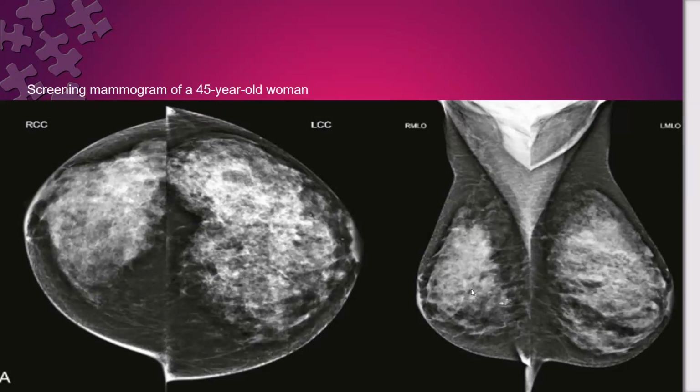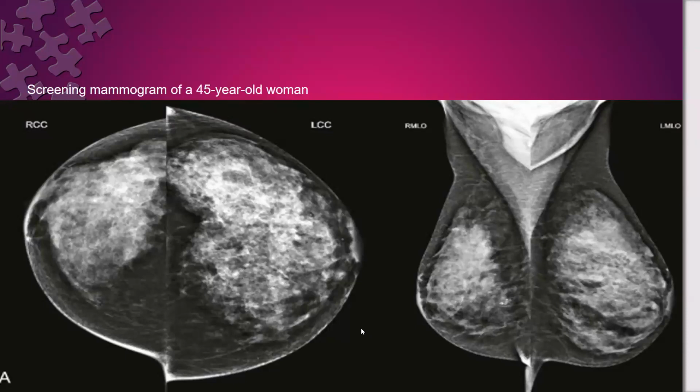Is it a pathological asymmetry, or a developmental asymmetry, or a benign asymmetry, or a malignant asymmetry? Benign asymmetry. Right. On what basis did you say this is a benign asymmetry?